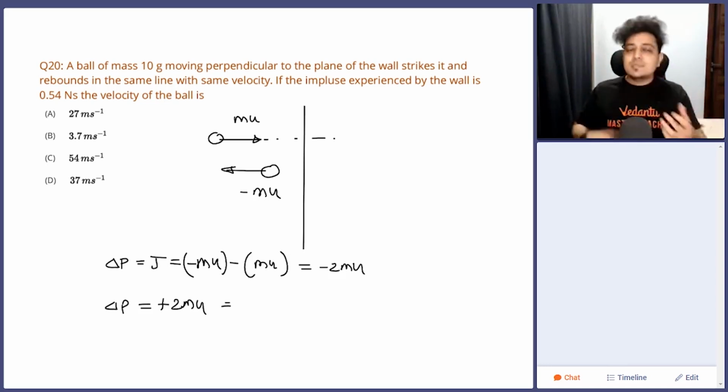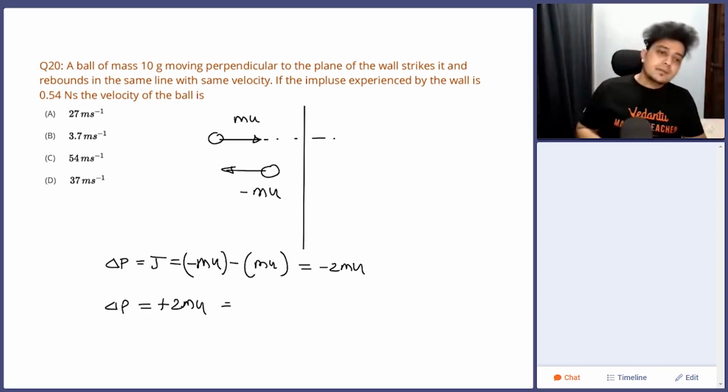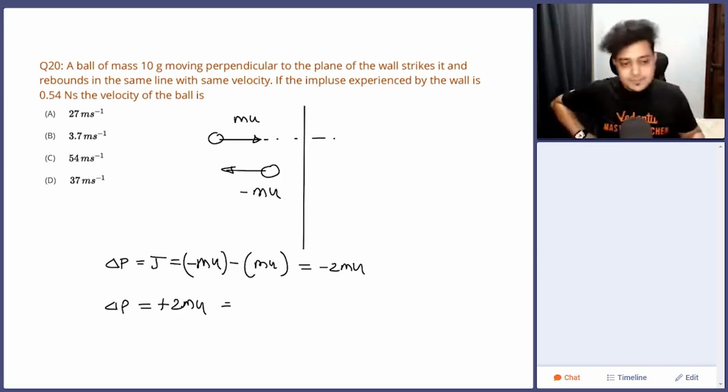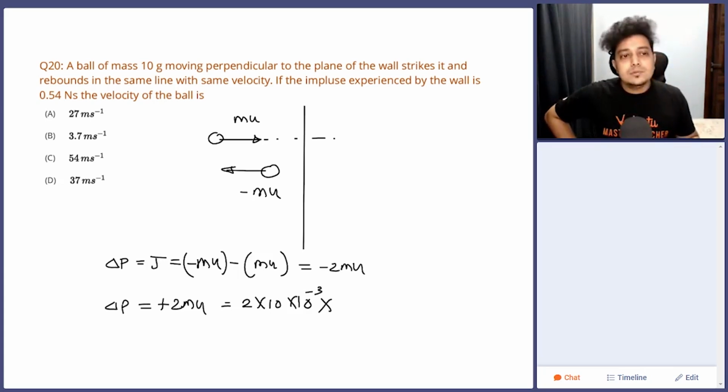Because diagram is not given, what we have assumed is just an assumption, so we are not sure about the initial direction of the body. Wall could be on the left hand side and initial velocity could be towards left side. We don't know. We just know that it is rebounding with the same speed. So 2 into mass value 10 grams, that is 10 raised to minus 3 kg, into u, which is speed, unknown.